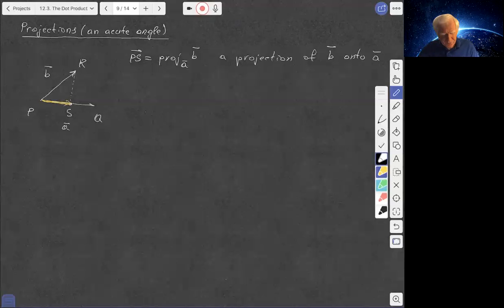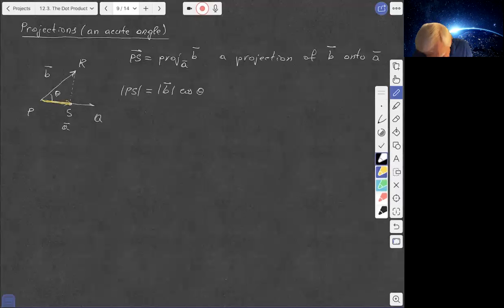Looking at the triangle RPS, we can say that there is a way to find the length of the segment PS. In order to do that, we can use the angle theta between the vectors A and B, and we can write that the magnitude of PS is equal to the magnitude of B times the cosine of the angle between them.